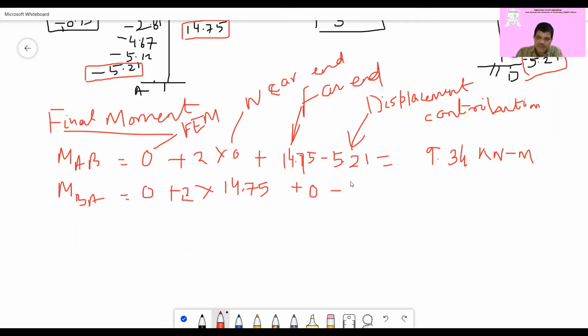So minus 0, minus 5.21. So it comes to 24.29 kilonewton meter.